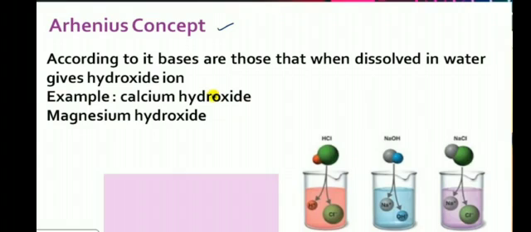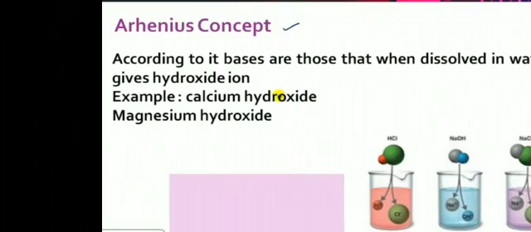Other examples of bases are potassium hydroxide, ammonium hydroxide, etc. And examples of acids are hydrochloric acid, sulfuric acid, nitric acid, phosphoric acid, acetic acid, and so on.